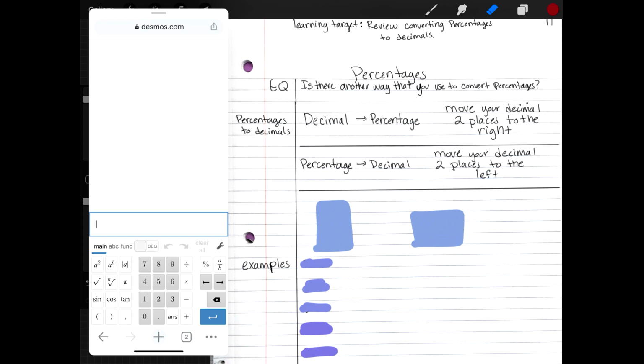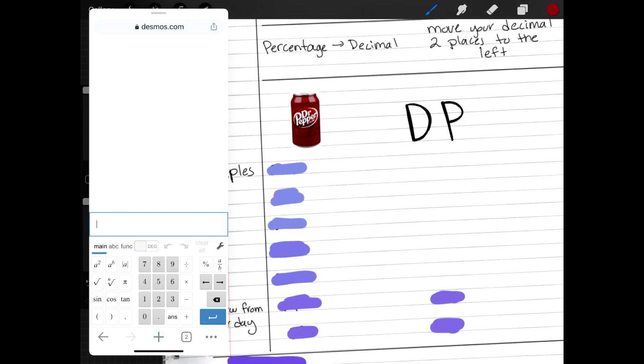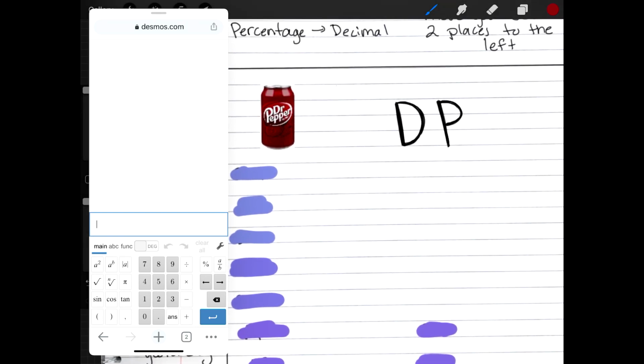Something that I like to show my kids is a little image of Dr. Pepper. DP is Dr. Pepper, right? So I use DP whenever I want to change from decimal to percent or percent to decimal. I put DP on the top, and with my pencil, if I want to go from decimal to percent, from D to P, then I go 2 places that way.